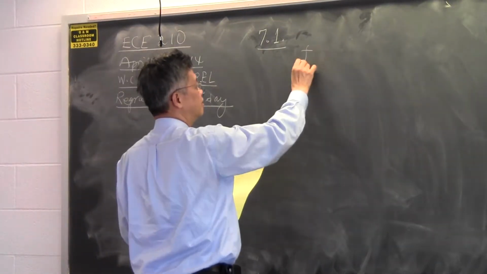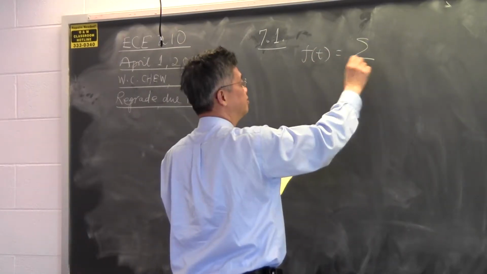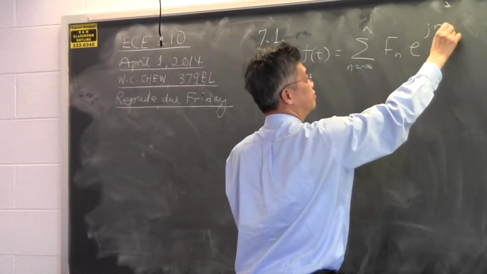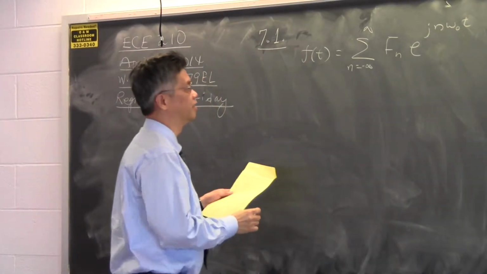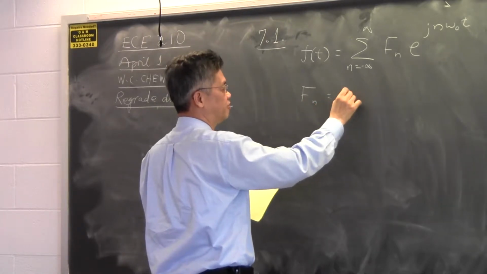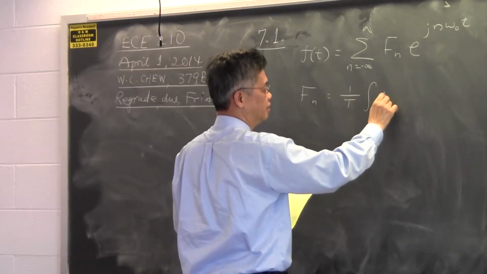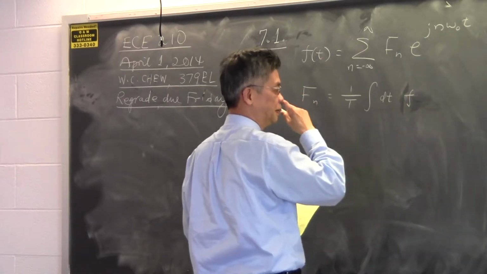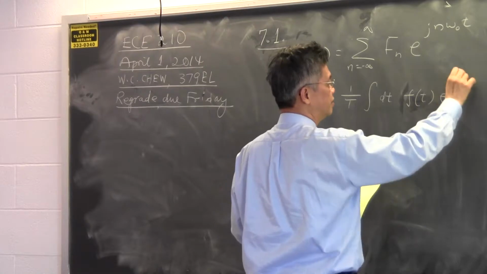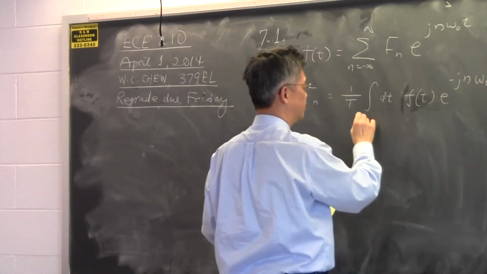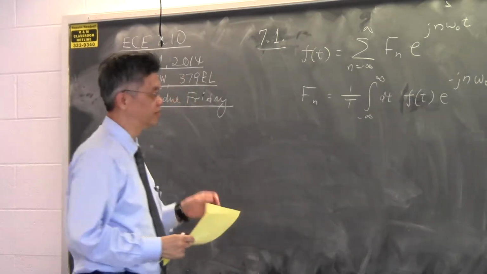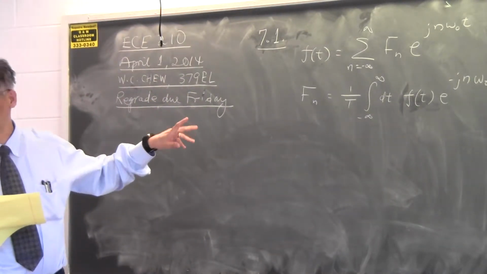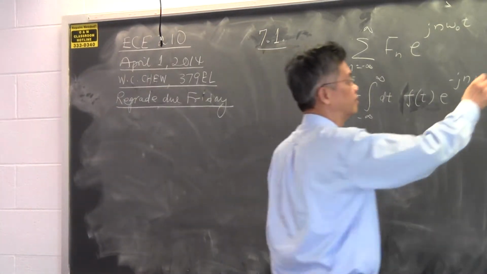And you know that f(t) is equal to, by the Fourier series theorem, this sum over here, whereas f sub n can be found by 1 over T, integral dt f(t) e to the minus j n omega naught t. Okay, this is from the Fourier series, and that is from these two things, which are for a periodic signal.